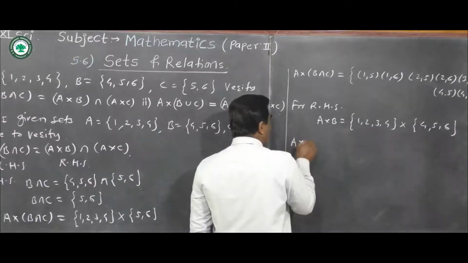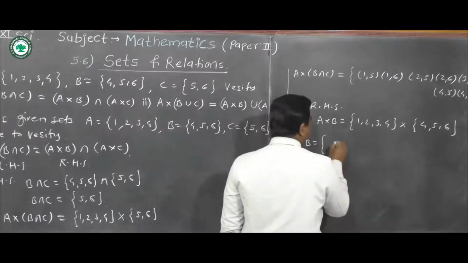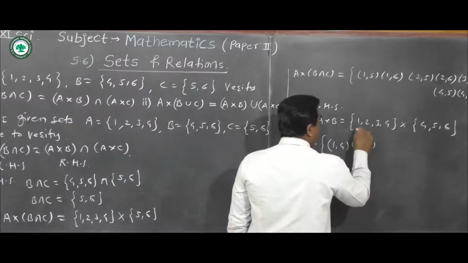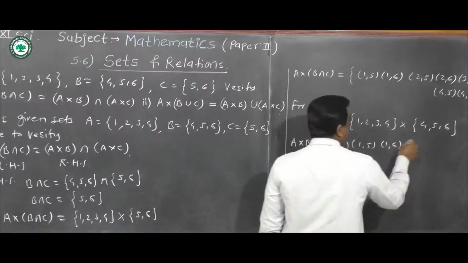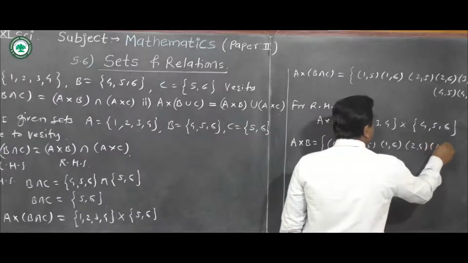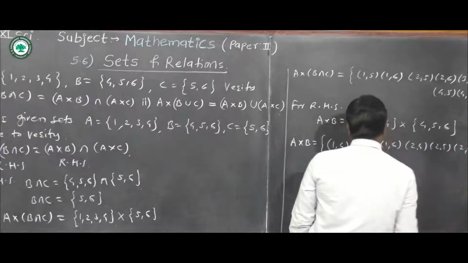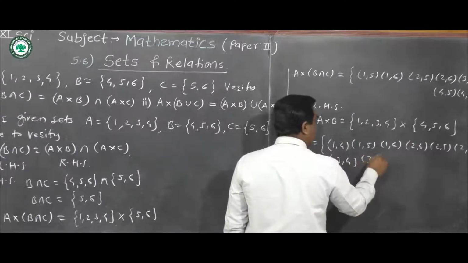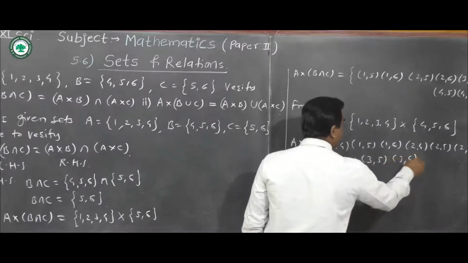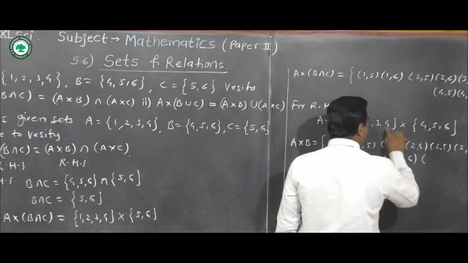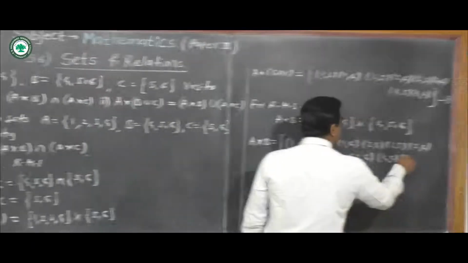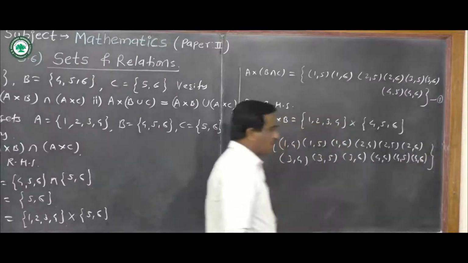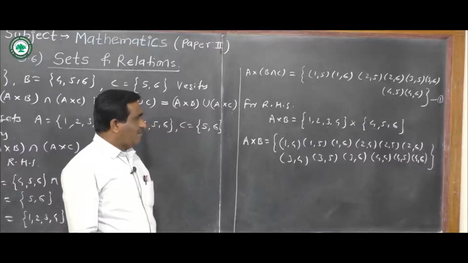That is A cross B is equal to, in curly bracket, ordered pair first 1, 4, 1, 5, 1, 6, 2, 4, 2, 5, 2, 6. Further 3, 4, ordered pair of 3, 5, ordered pair of 3, 6. And next is ordered pair of 4, 4, 4, 5, 4, 6. This is the Cartesian product of A and B.